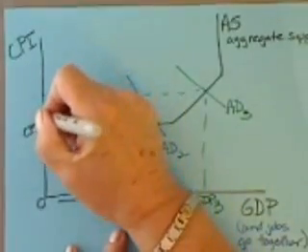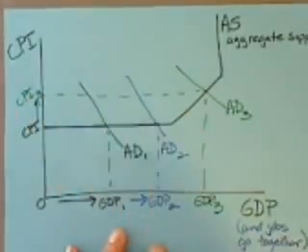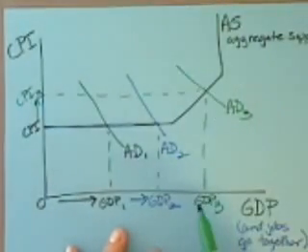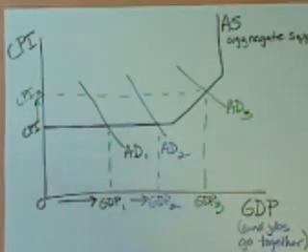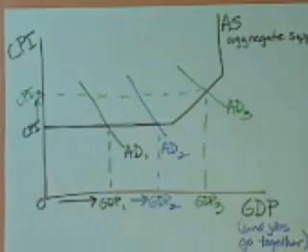The cost was an increase in CPI, which is the same as saying we had to suffer some inflation to get that job growth. So here there are costs and benefits rather than simply economic growth without any inflation. But all along the way here, things are getting better and better until we get to the vertical section.